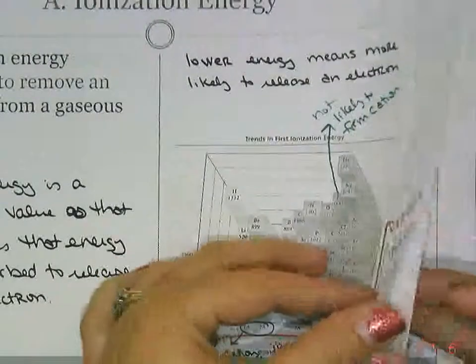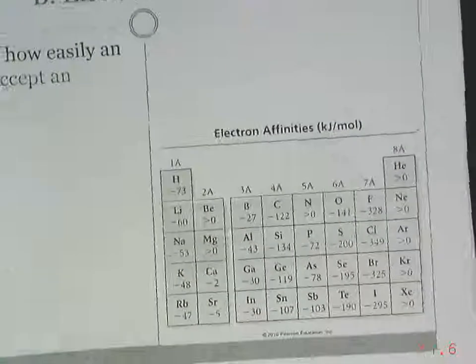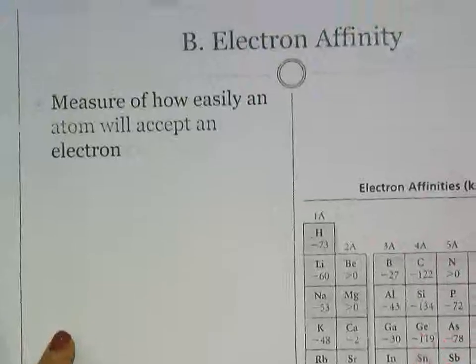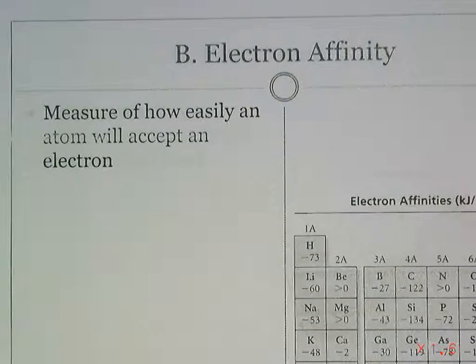All right, in that case, let's talk about a related topic called electron affinity. Electron affinity is a measure of how easily an atom will accept an electron. What would I call an element that has gained an electron?